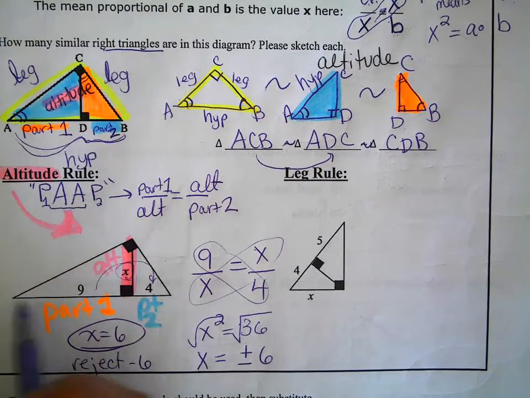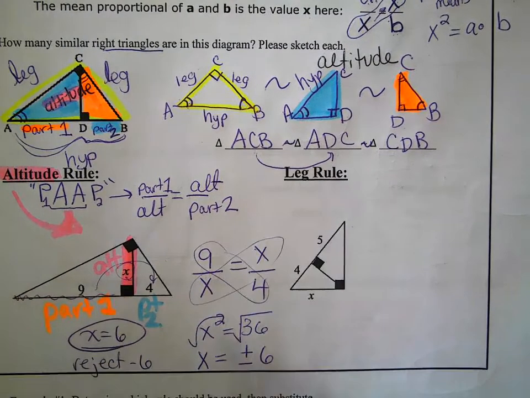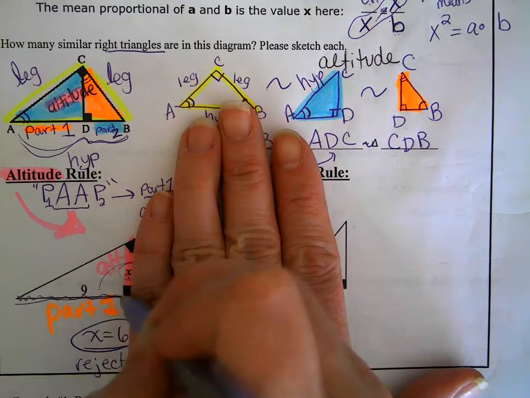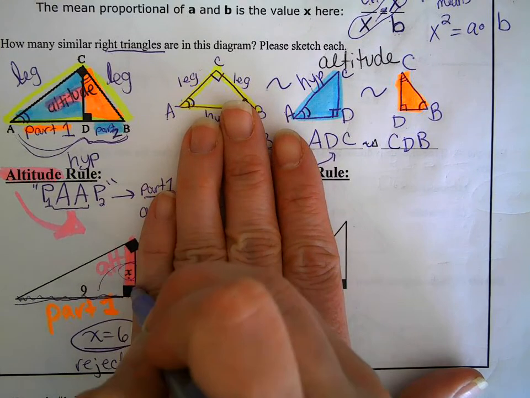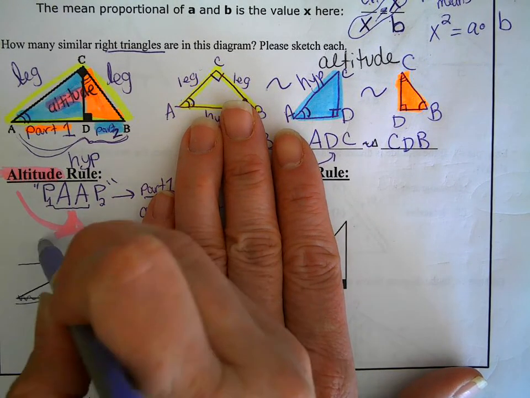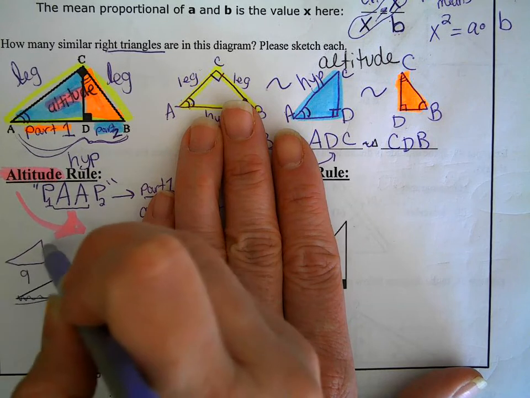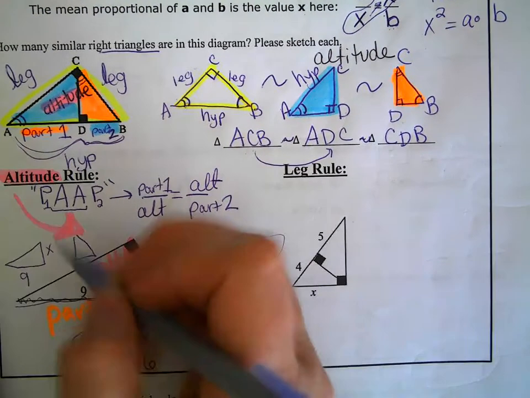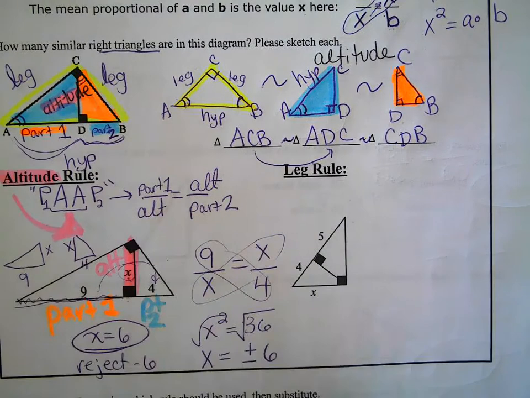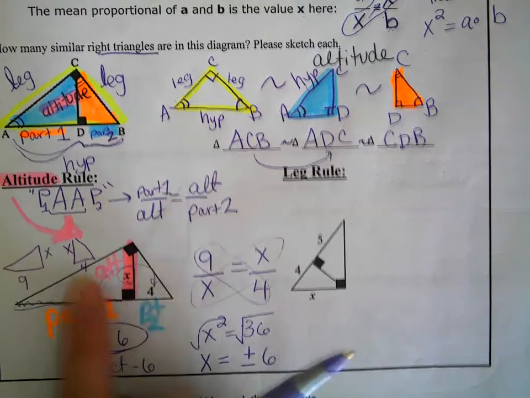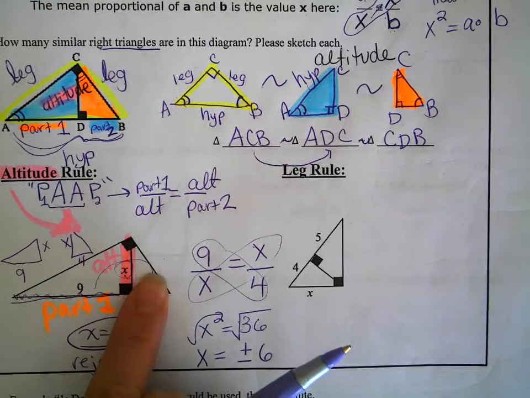Now another way to think about this is, if we focus on the triangle on our left, a leg to the base. 9 corresponds to X. If we're thinking about one triangle, 9 corresponds to X, as if I drew over the second triangle, 4 corresponds to X. So that's why the X repeats, because it's shared between this triangle on the left and this triangle on the right.